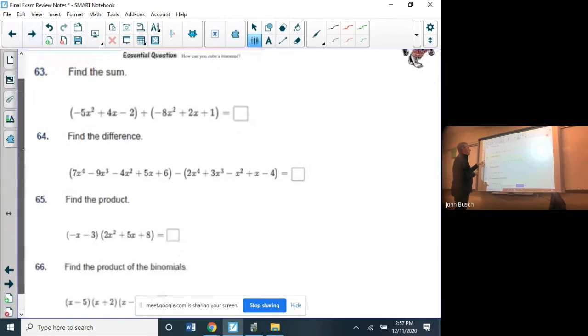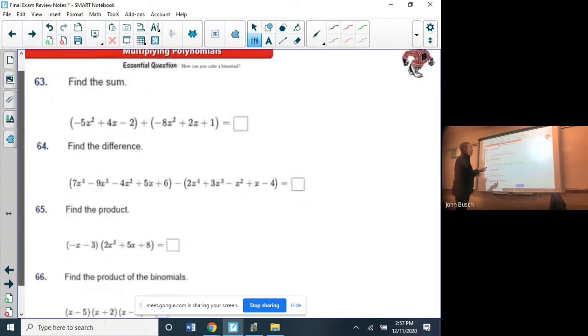Now, adding should be a breeze. You just add the like terms. There's 2 terms with x squared, and negative 8 and negative 5 is negative 13. So negative 13x squared. Now, I didn't need to use my fingers, but I just wanted to show you that it's okay to use your fingers.